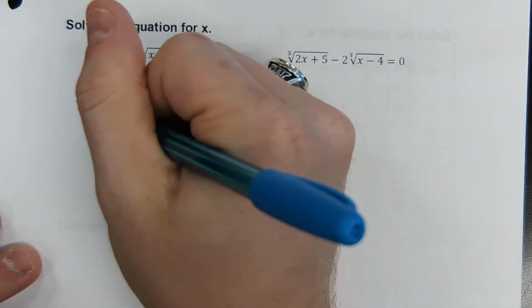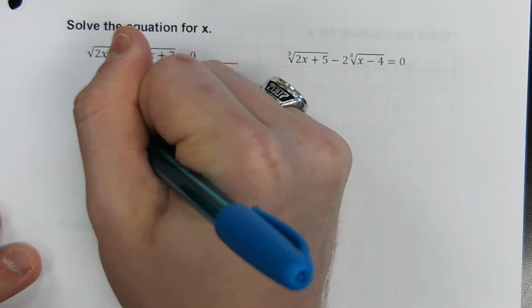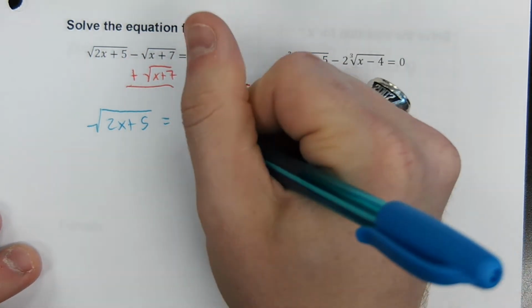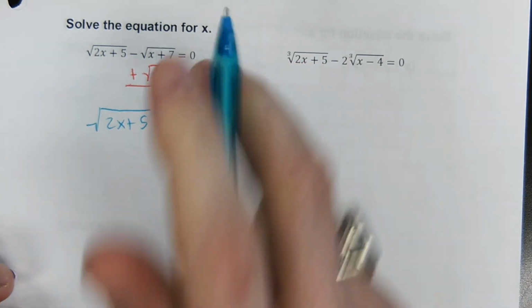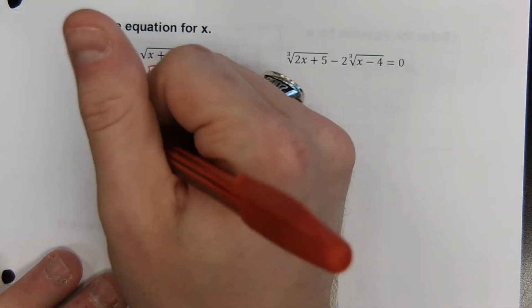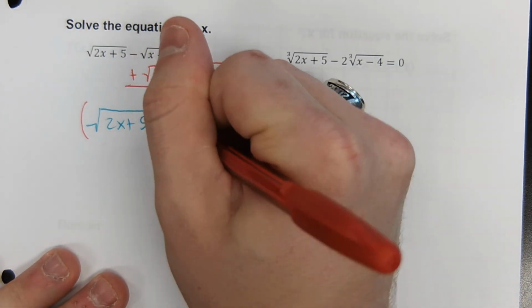Which will leave us with the square root of 2x plus 5 equals the square root of x plus 7. The square root bars are still the problem, but since all that exists on the left is a square root thing, and all that exists on the right is a square root thing, we can cancel the square roots on both sides by squaring. Now it won't be an issue. So we will square both sides.